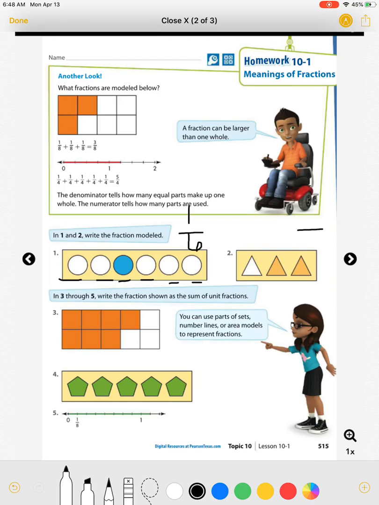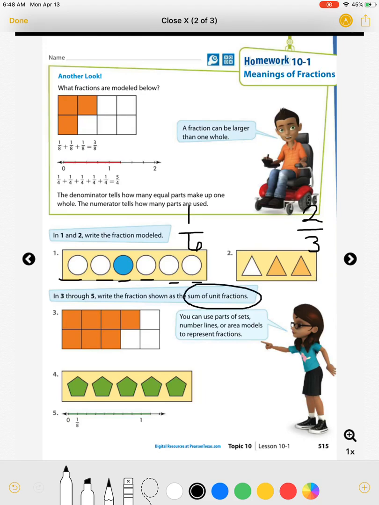Now for number 2, how many total pieces do we have? 3. And how many are shaded orange? 2. That would be 2/3. In 3 through 5, write the fractions shown as the sum of unit fractions.